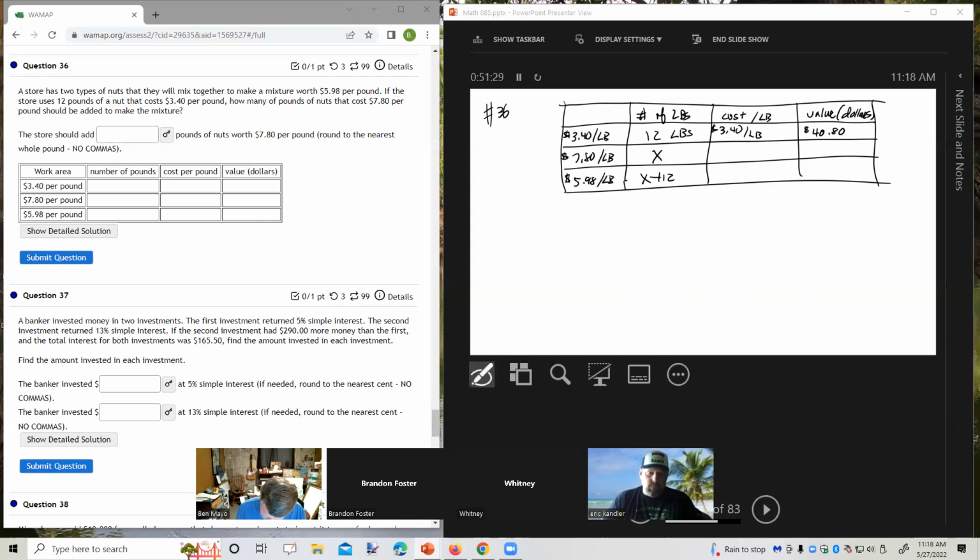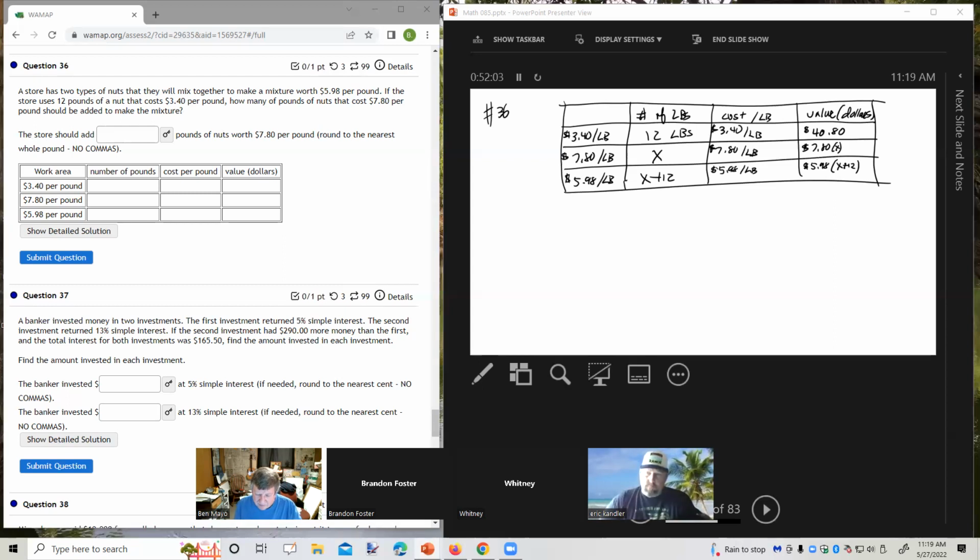This is $7.80 per pound. We've got X pounds at $7.80 per pound. So that's going to be $7.80 times X. That's all we can do with it at this point. Then we've got $5.98 per pound times X plus 12. So this is going to be $5.98 times the quantity X plus 12. All right.